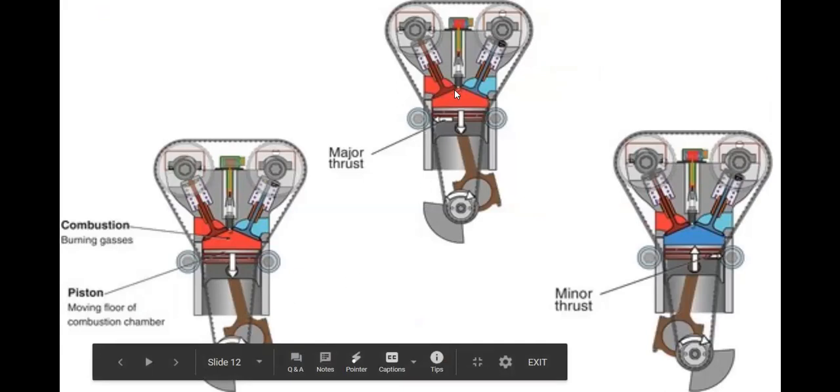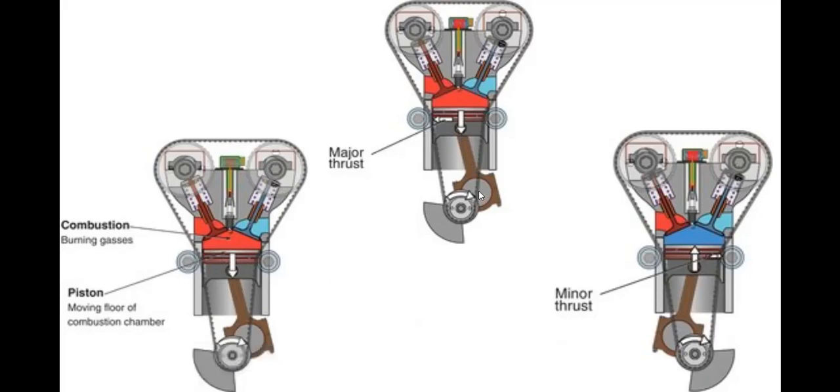Because the force is going from the center of this crankshaft journal through the connecting rod into the piston, it's driving additional pressure on this side of the piston. This is called your major thrust. So as we have an explosion on top of the piston and it forces that piston down, you get a major thrust on this side.